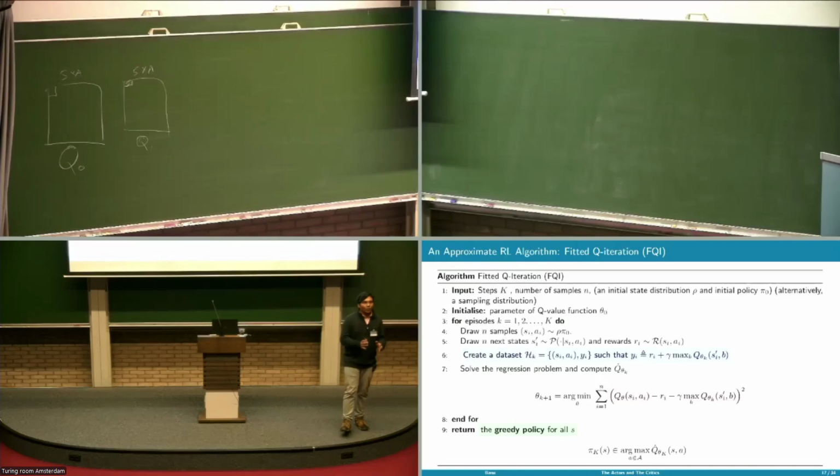So whatever you are doing with rollout, you have a proxy of that in these steps. You have created a data set. Using this data set, you solve this regression problem and you get your next Q value, or the parameter of the next Q value. Then you keep going till you are happy, and you say, okay, now I'll use this Q function to recommend the policy, and this policy is the argmax, just the greedy policy on top of this. Right? We are fine?